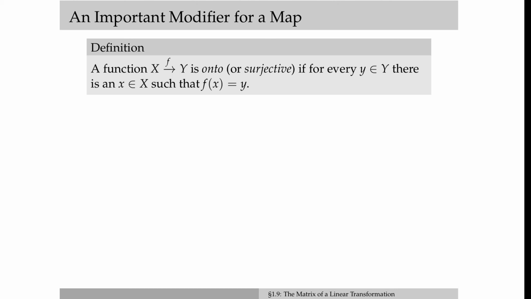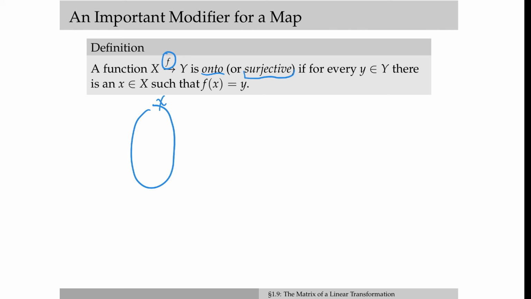All right, now we're getting into some really hefty stuff. A function f is said to be onto, I will use the terminology surjective, if for every y in Y there is an x in X such that f of x equals y. All right, let's do the lima beans.